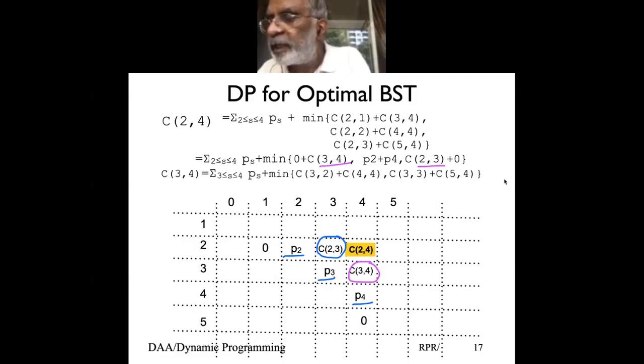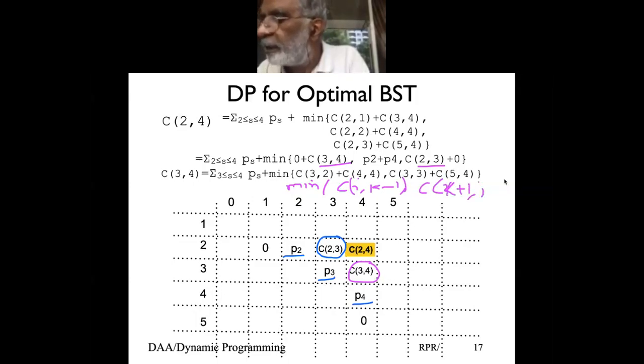Now C34 is following the formula: probability of P3 plus P4 plus min over K from 3 to 4. So this becomes min of, remember my equation, C(I, K minus 1) plus C(K plus 1, J).